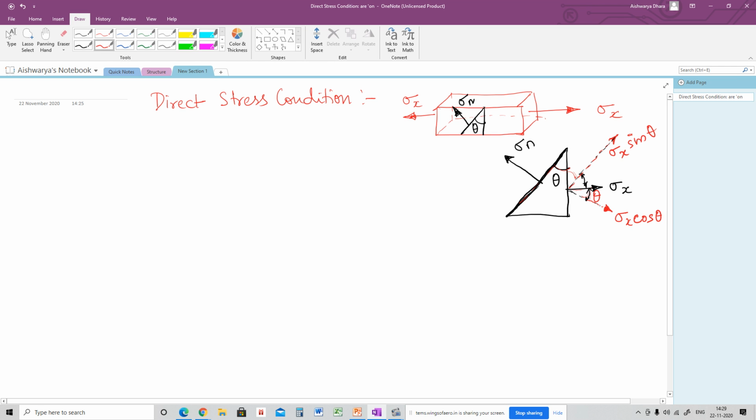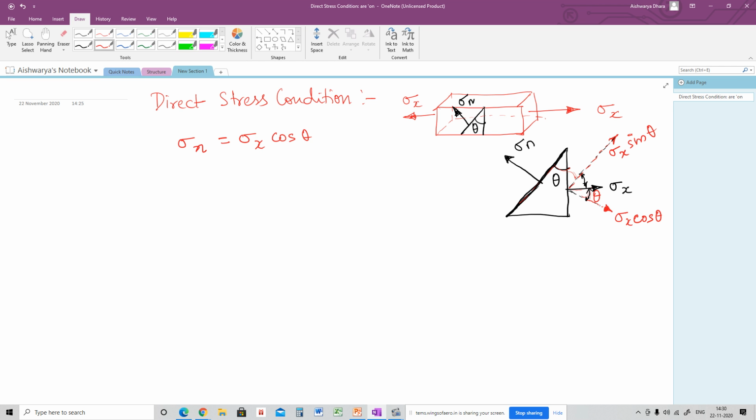Now if I want to find this equation, let's resolve this equation and we will get, can I write likewise, sigma n equals sigma x cos theta?